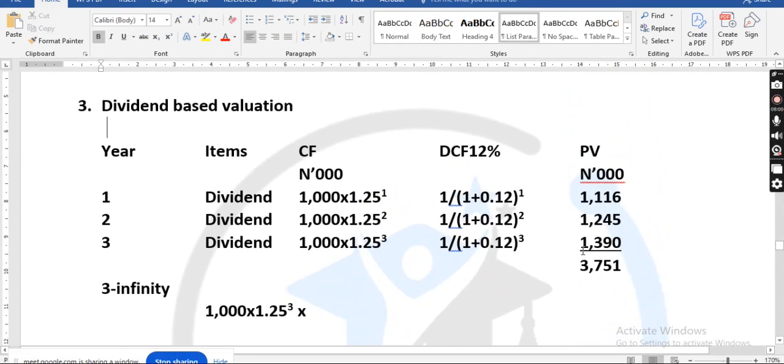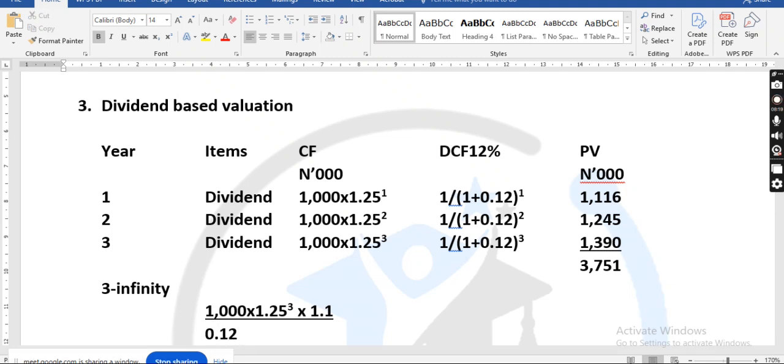Okay. So 1.1 divided by the cost of equity minus the growth rate. What is the cost of equity? 0.12, minus the growth rate of 10%, 1.1. Right?